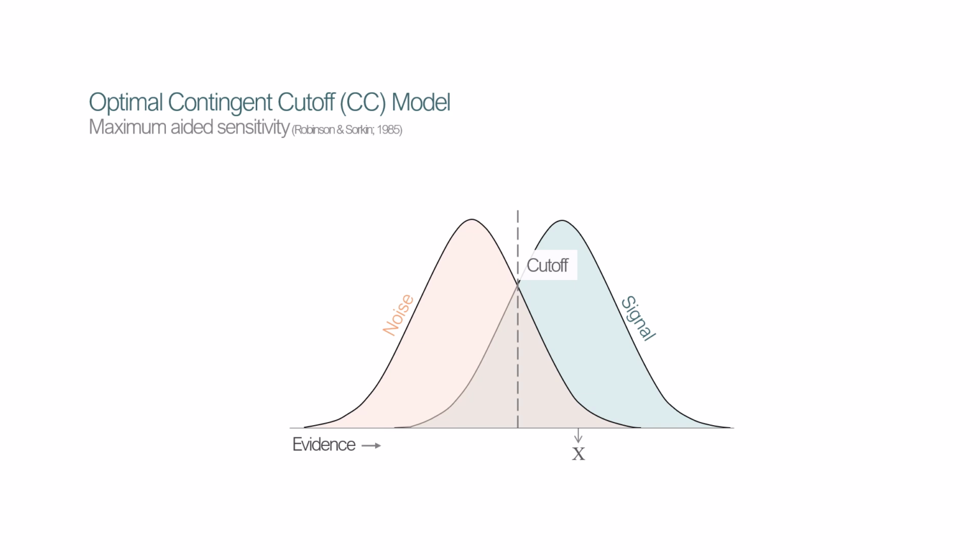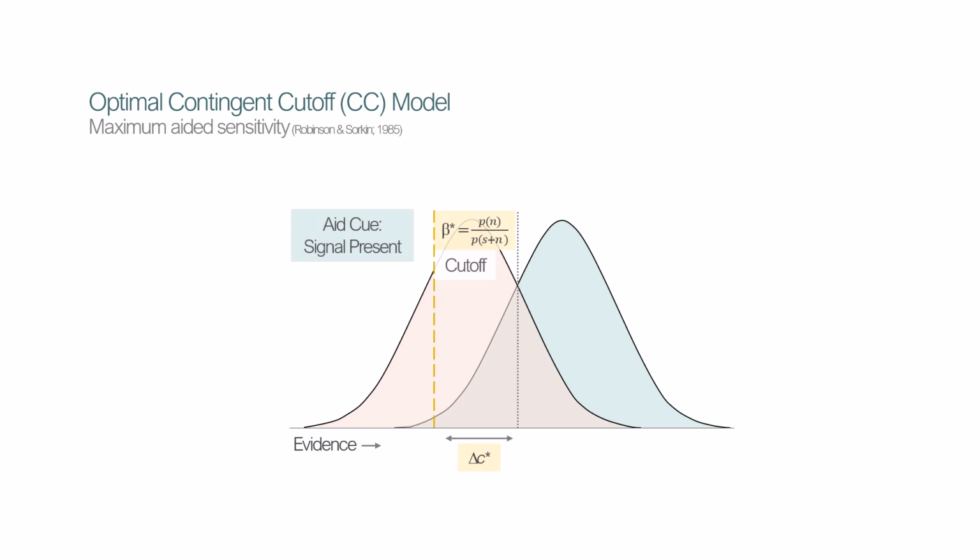Now, we want to arrive at maximal levels of aided sensitivity as best as we possibly can with this kind of automation. We need to integrate the cue that it is giving us into our detection process. So, for example, if it gives us a signal present judgment, we should shift our cutoff to be more liberal, so we don't require as much evidence for a yes judgment.